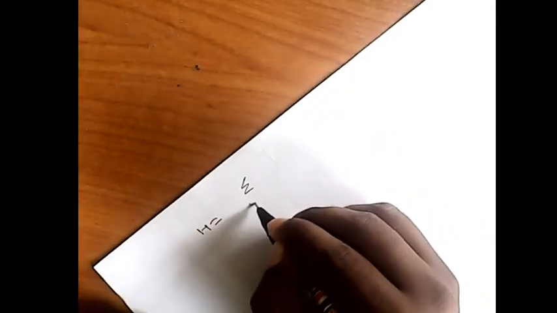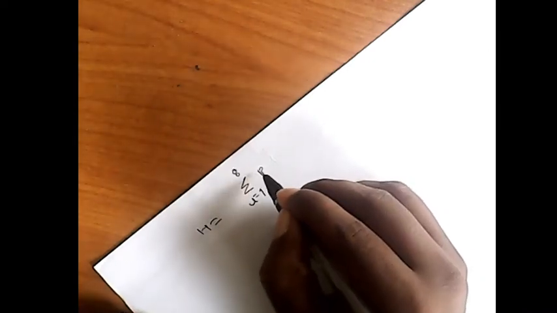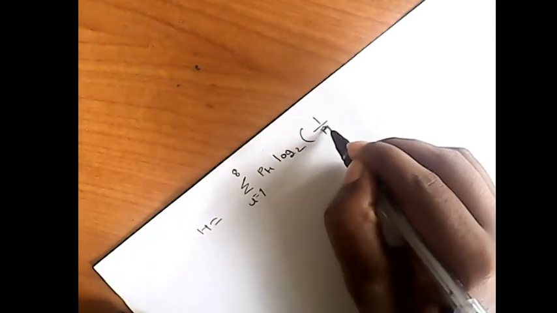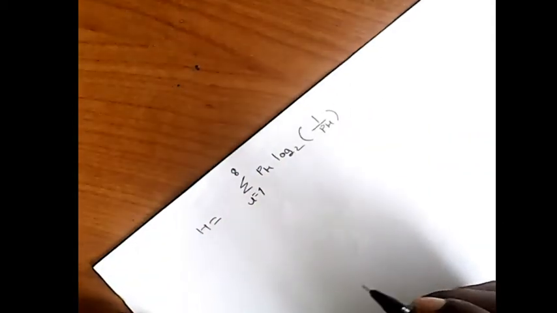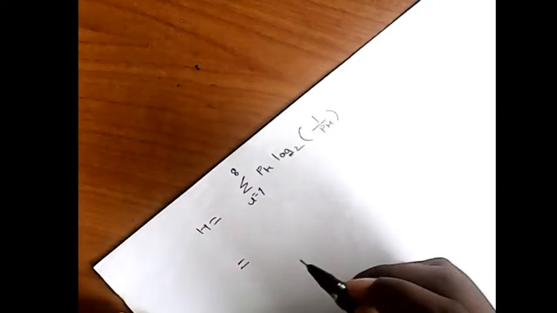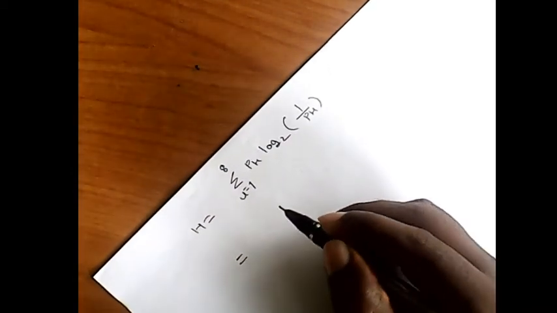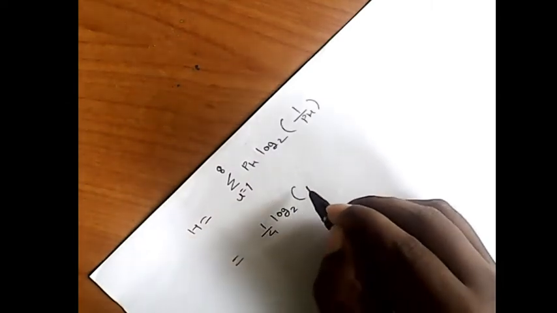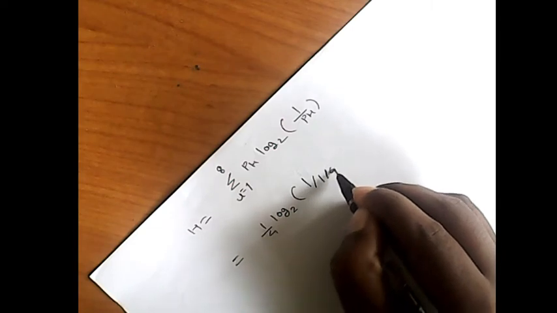Now we are to find out what is meant by entropy. Entropy is given by the formula summation, i equal to 1 to the number of symbols, 8, of pk into log to the base 2 of 1 upon pk. So we can write the probability for the first symbol, 1 by 4 log to the base 2 of 1 upon 1 by 4.